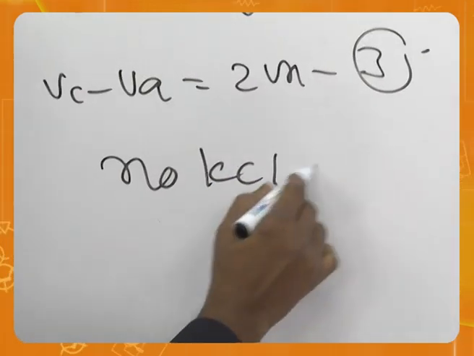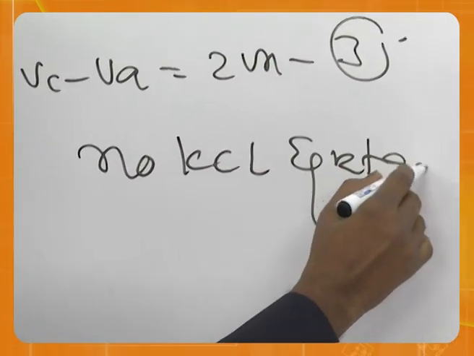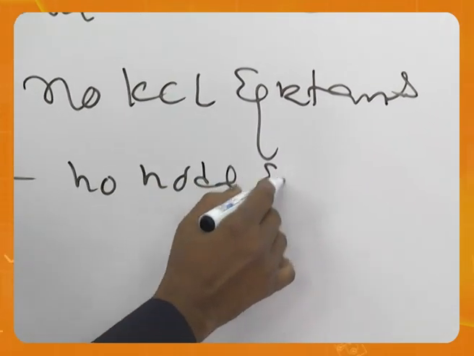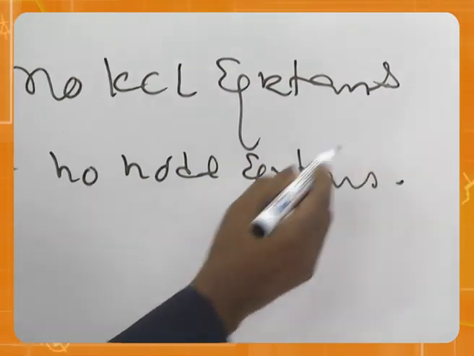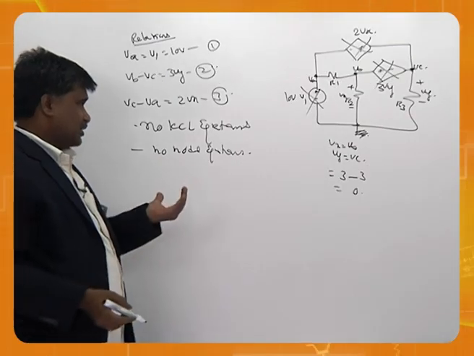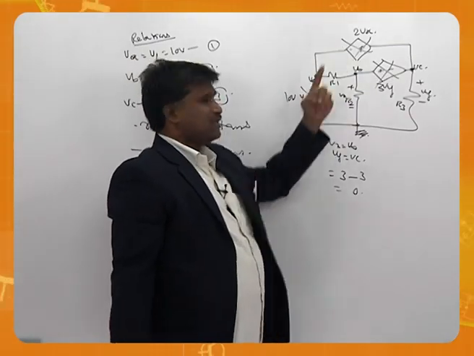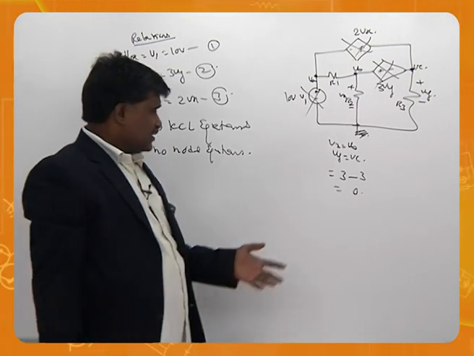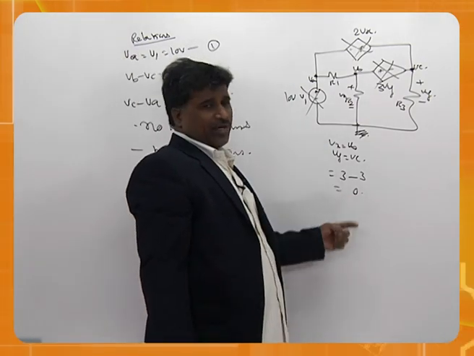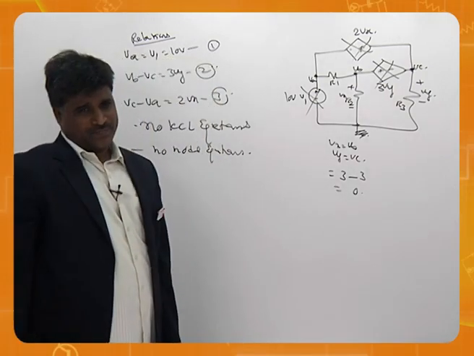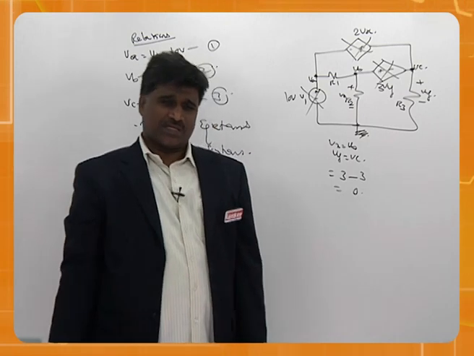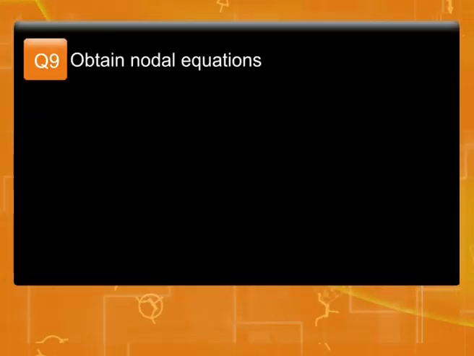No KCL equations or no nodal equations. They are basically a relation of this, relation of this, relation of this. So as voltages increase, as you see, there is no need of any equation. That's called the highest and simplest way that you can understand. So let us take the same circuit here.